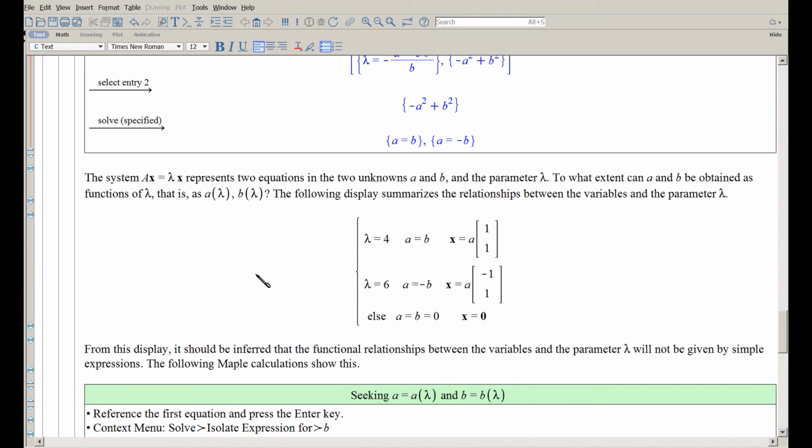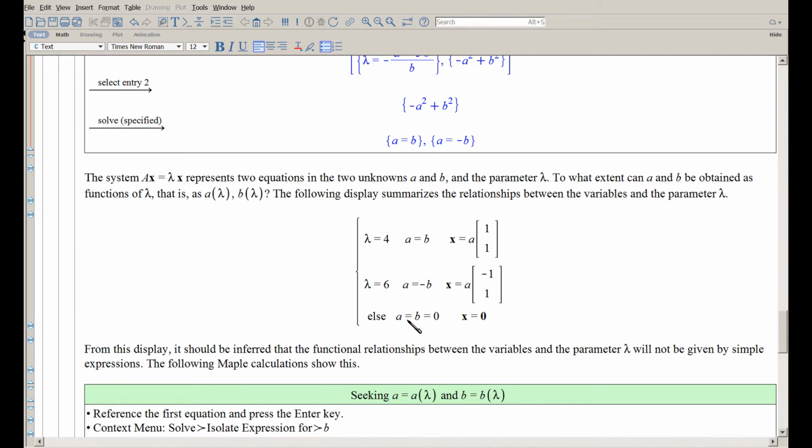Well, here is a display of what we would like to determine. If lambda is 4, we saw that a has to equal b, in which case the vector x is a multiple of 1, 1. If lambda is 6, a has to be negative b, so the vector x is a multiple of negative 1, 1.